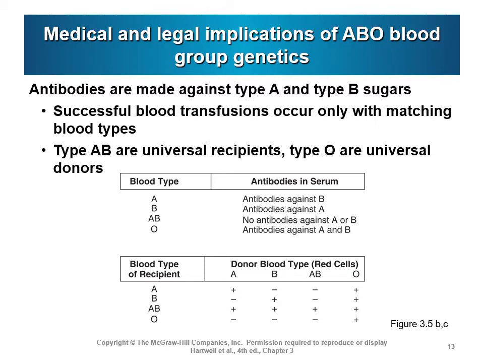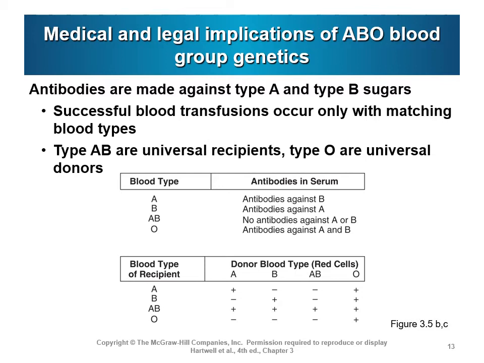So why? A person with blood type A can only receive blood from another person with blood type A or the universal donor blood type O. This is because the individual with blood type A will have antibodies against type B sugar in their blood serum. So if B-type blood is accidentally introduced into such a person, a very vigorous immune response against B antigen will be initiated.